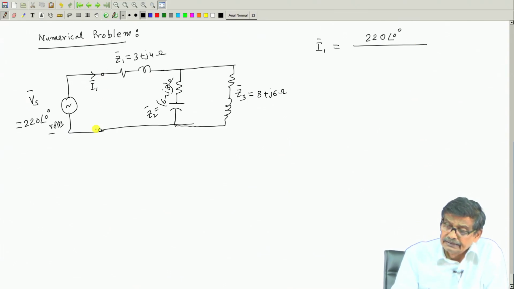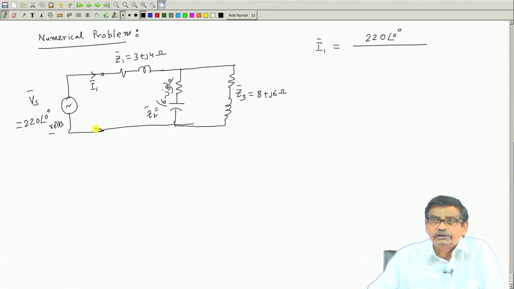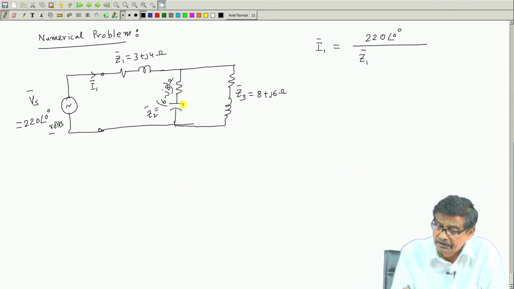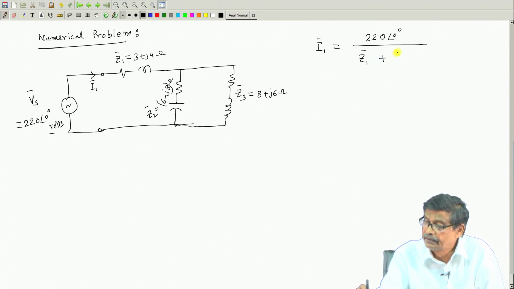Since V equal to Z I, phasors maintain this relationship, so all the things I did in DC circuits will be applicable. That is, it will be Z1 bar plus the equivalent impedance of these two, that is Z2 bar Z3 bar by Z2 plus Z3.